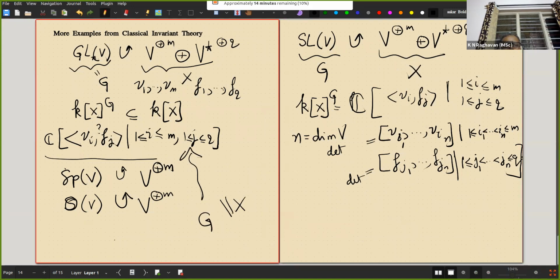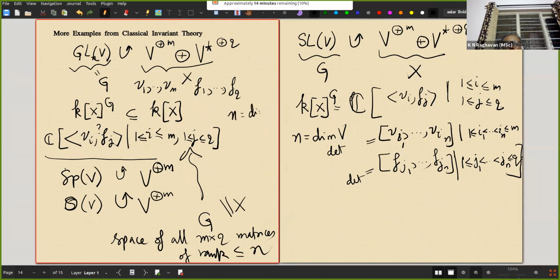This is the space of all M cross Q matrices of rank less than or equal to N, where N is the dimension of V. So this is like a determinantal variety. It is the space of all M cross Q matrices of rank less than or equal to N. Okay, I'm over time, well over time. Sorry, I should stop.